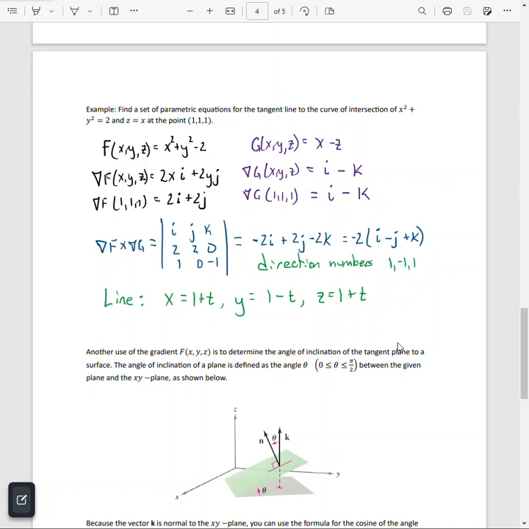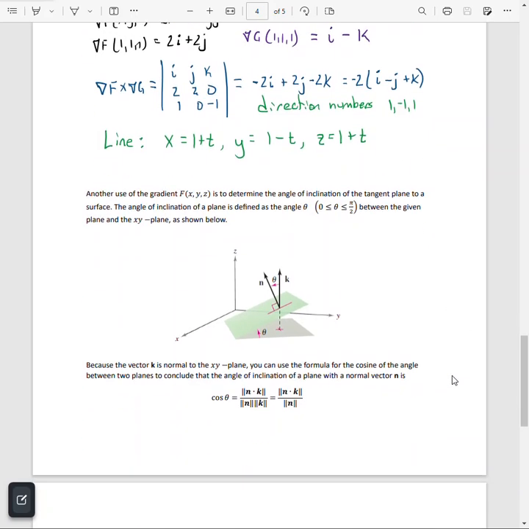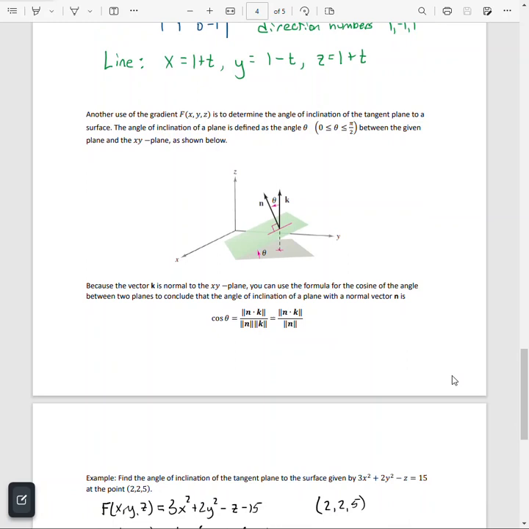This one's a negative, so it's x coordinate of the point plus direction number times t, y coordinate of the point plus direction number times t, z coordinate of the point plus direction number times t. Whew, that was hard on my brain. All right, but remember, that's going back to Chapter 11. Review it. We're going to be using it.